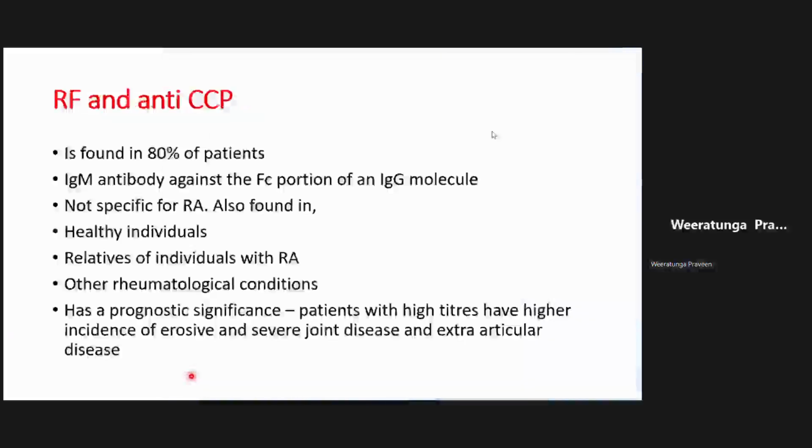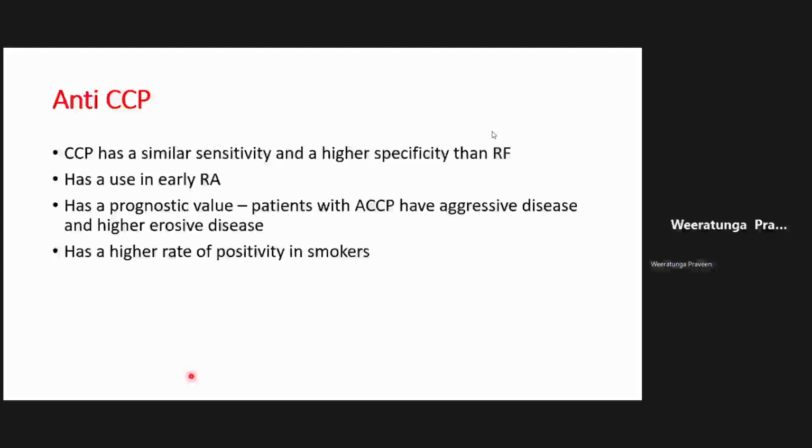Now, these are a few important MCQs about rheumatoid factor and anti-CCP. As I told you, anti-CCP has a similar sensitivity but a higher specificity. And it has a very important role in diagnosing early rheumatoid arthritis.